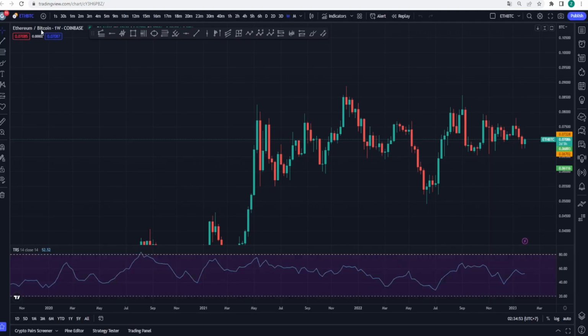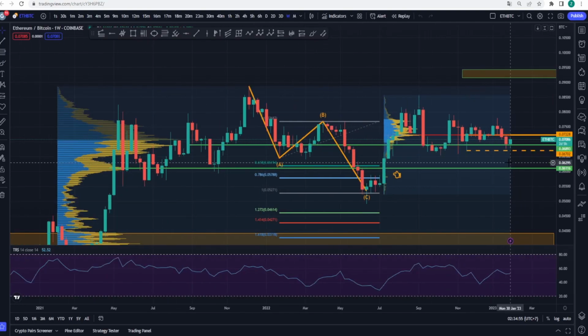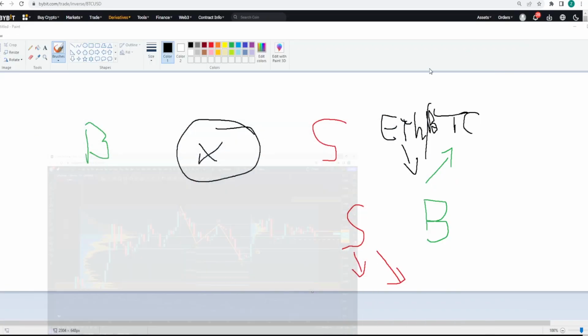This is how Ethereum is performing against Bitcoin. When Ethereum is performing well against Bitcoin, you can long Ethereum, short Bitcoin for equal size, and you'll still make money. How much money will you make? That is dependent on how much Ethereum BTC goes up. So if you find a trend on Ethereum BTC, you can start hedging. Those are more sophisticated trades.